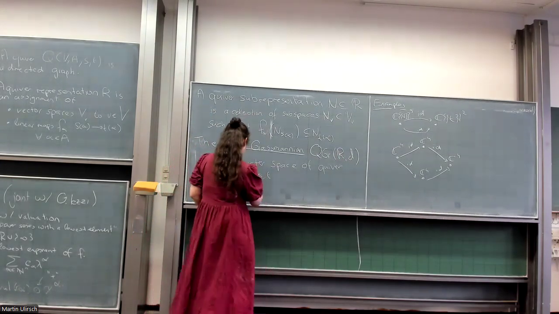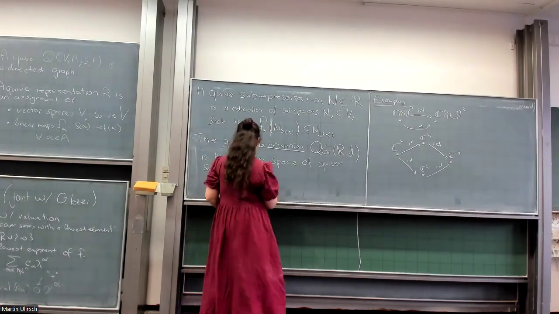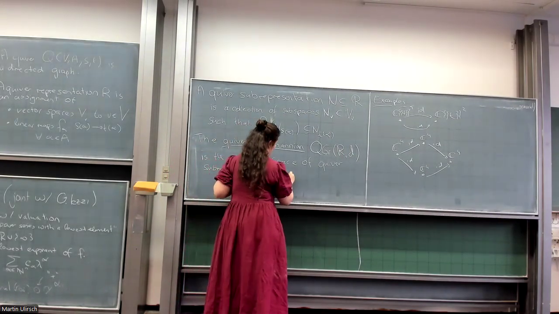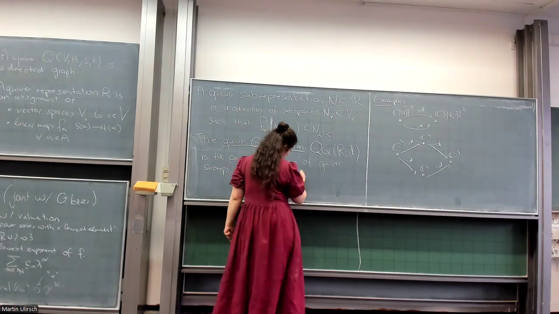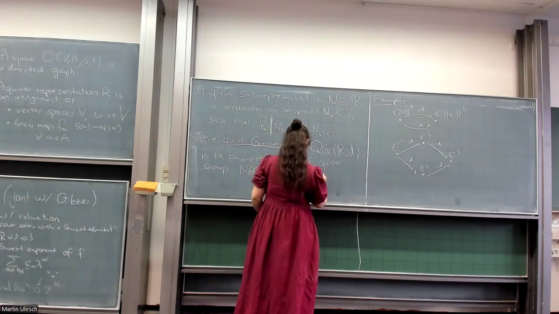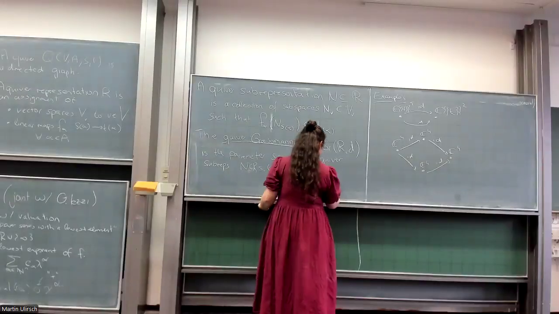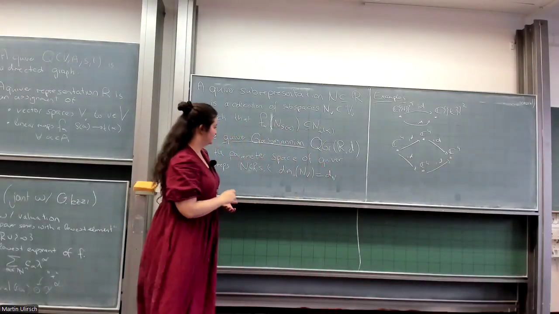Where you have, of course, subrepresentations such that the dimensions of my constituent vector spaces are equal to this dimension vector d_v here.